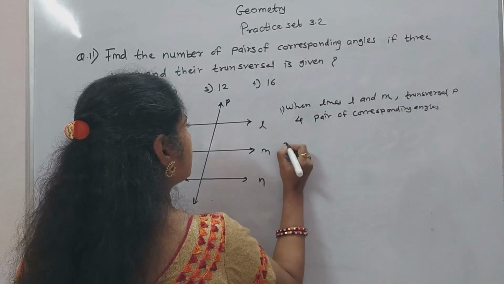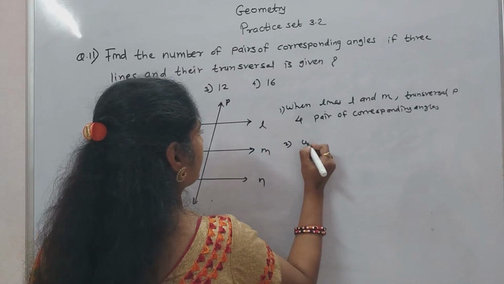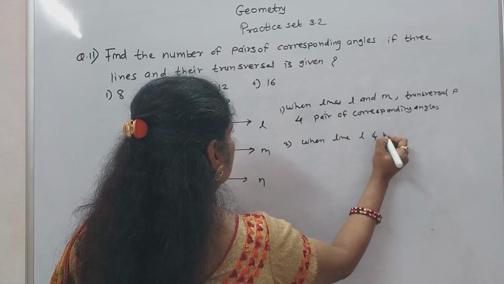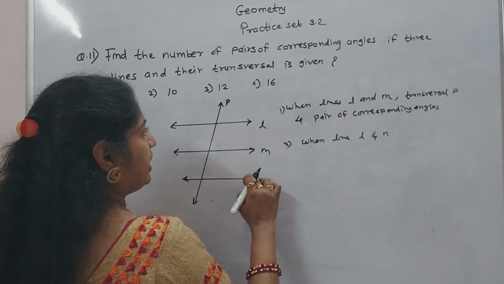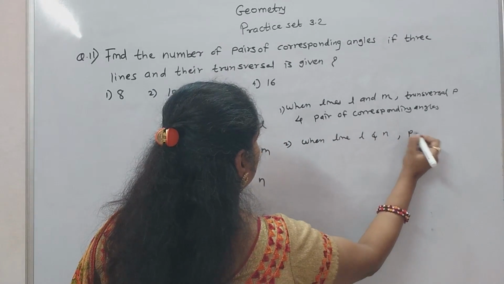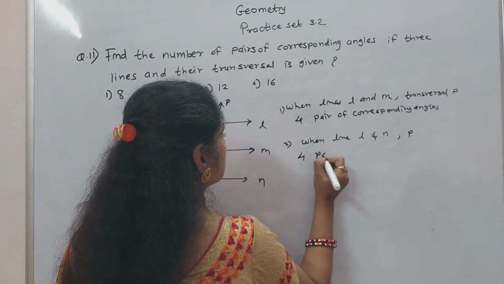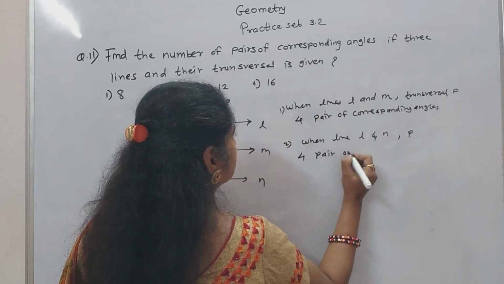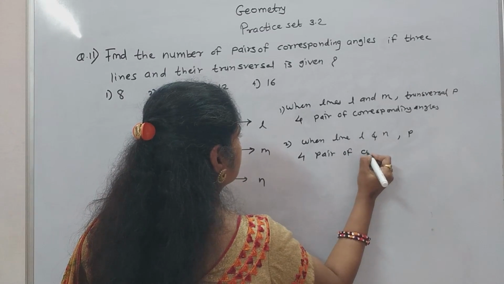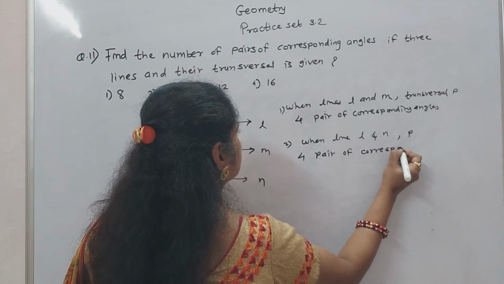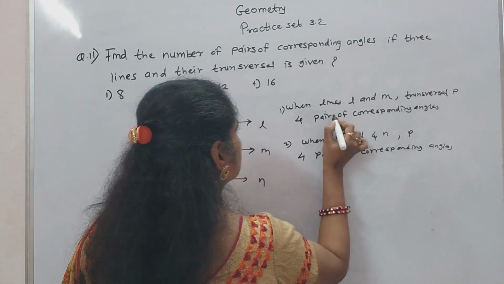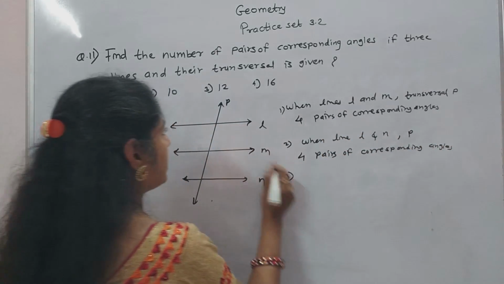Now second, we take M and N. L and N, P transversal, 4 pairs of corresponding angles.